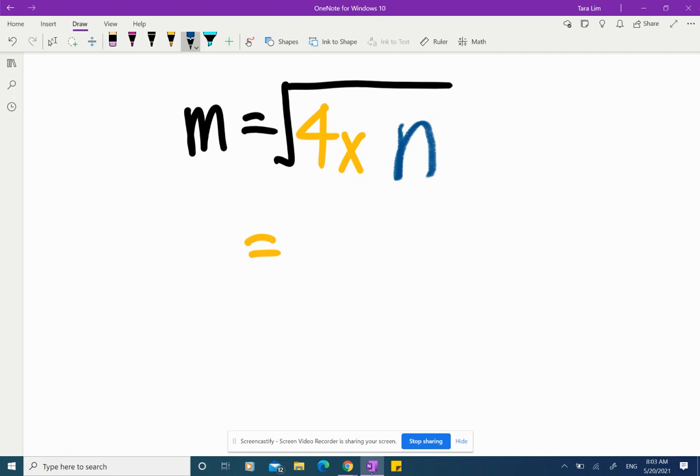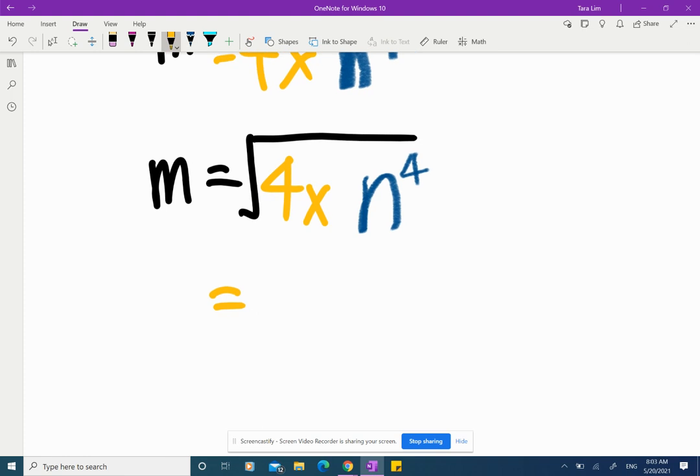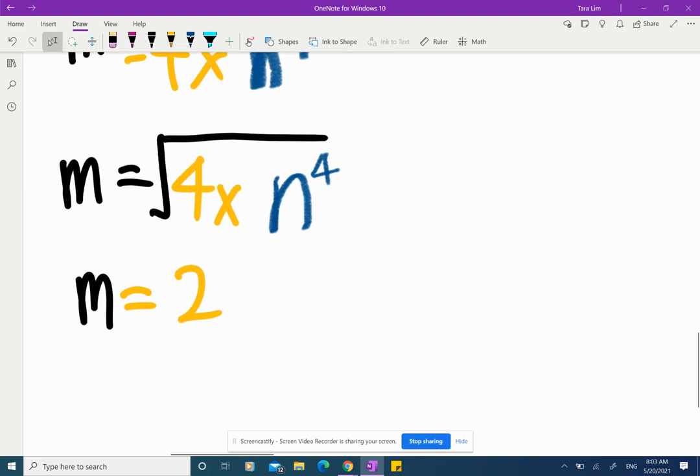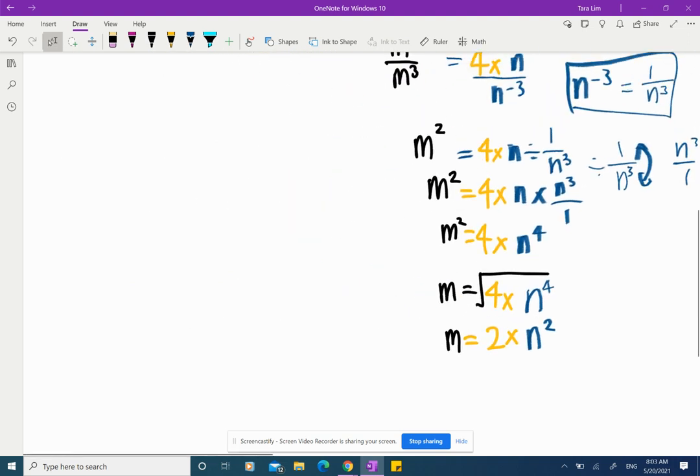Remember, square root means something times itself gives you a number. 2 times 2 gives you 4. There has to be the same number timesing each other, and that's called a square root. So times n to the power 4. When we square root 4, it gives us 2. So m is equal to 2 times n squared.